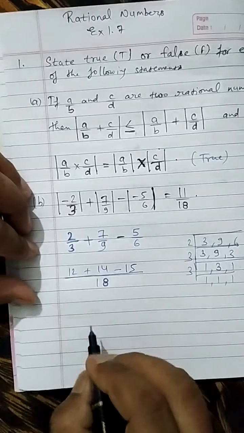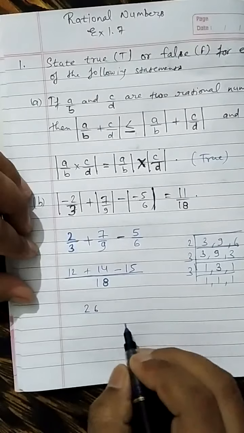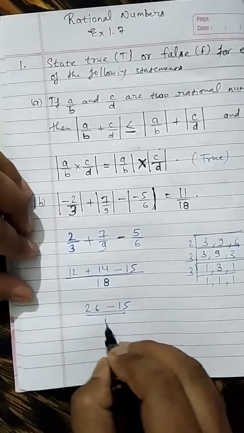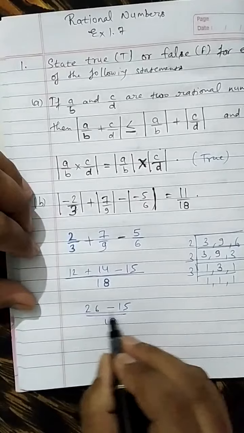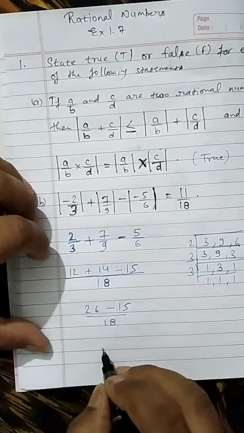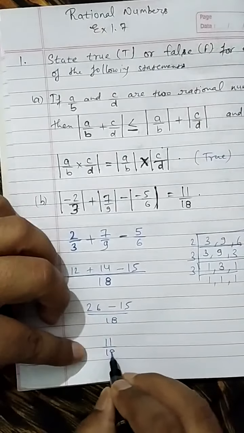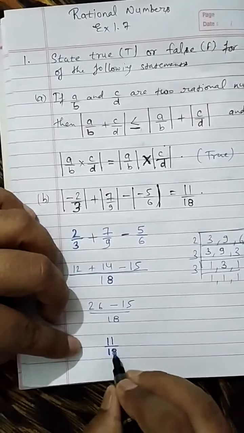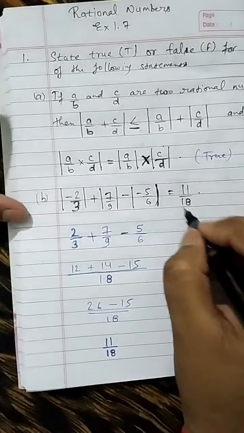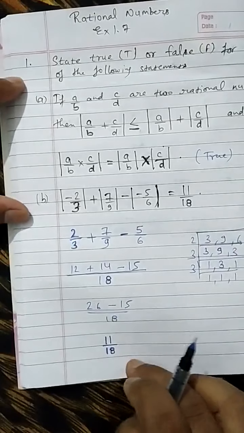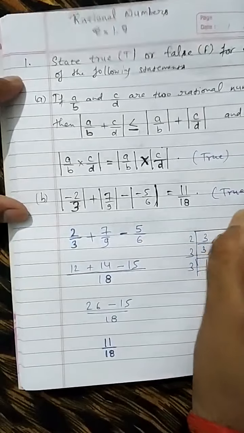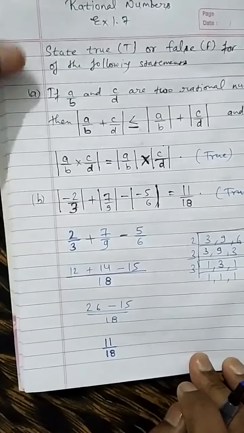Now 12 plus 14 gives you 26, and minus 15 upon 18. 26 minus 15 gives you 11. So the final answer is 11 upon 18, and that is what is given in the question. Left hand side is equal to right hand side, so this is also true. Understood?